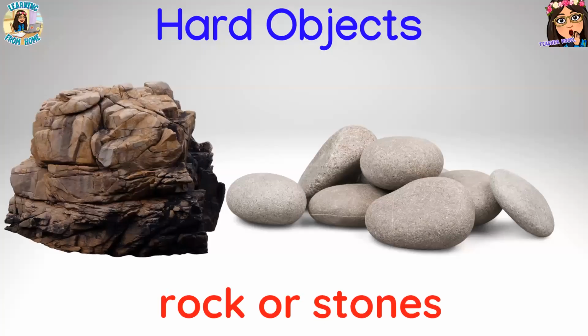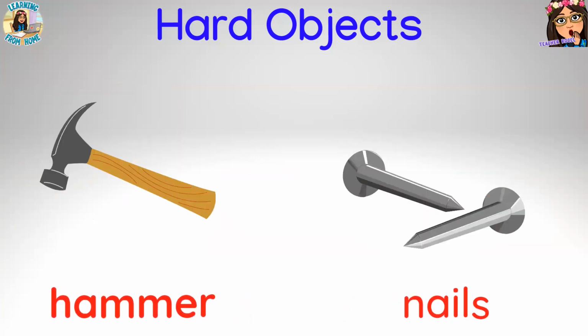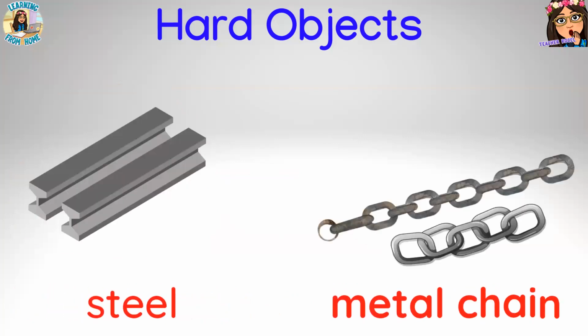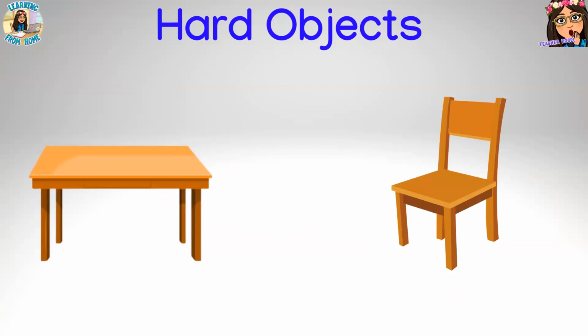First, the rock or the stone. Next, hollow block or wood. The hammer and nails. The steel and the metal chain. The table and chair.